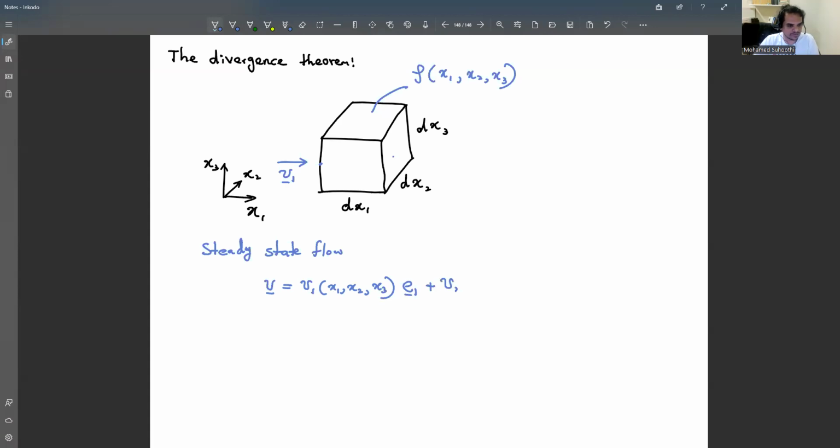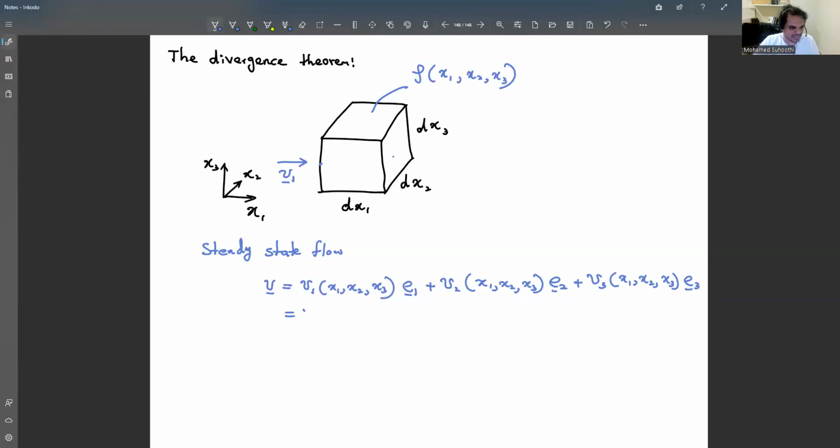Similarly, V2 also depends on the position, x1, x2, x3, times e2. Lastly, the V3 component, the velocity component in each direction, is also a function of position, times e3.